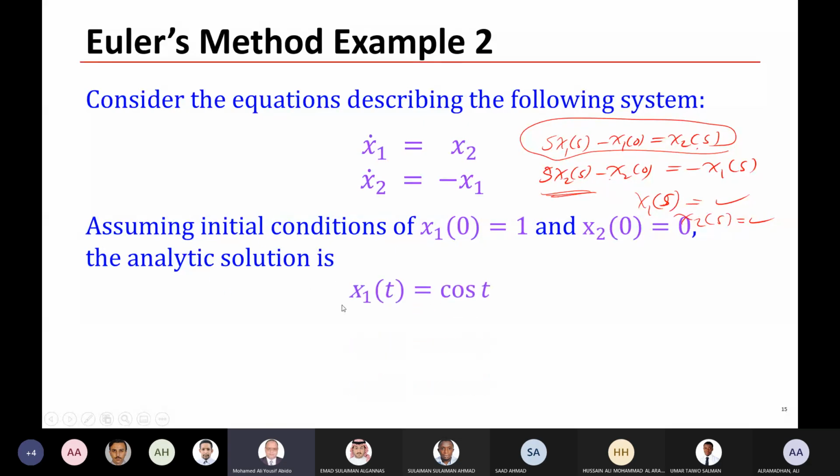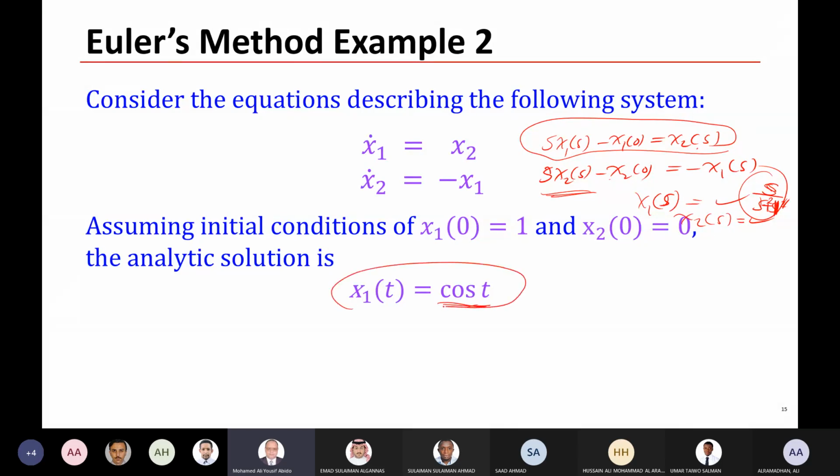The analytic solution is x1 of t equal to cosine t. Probably x1 of s here you will end up with s over s square plus 1. The inverse Laplace of this will give you cosine t.